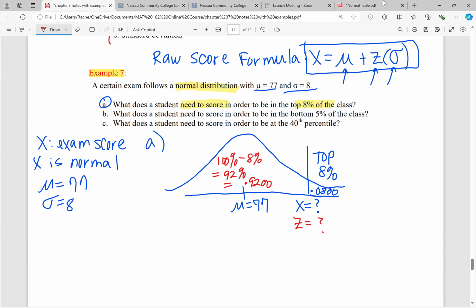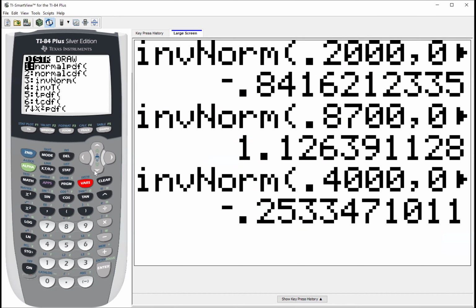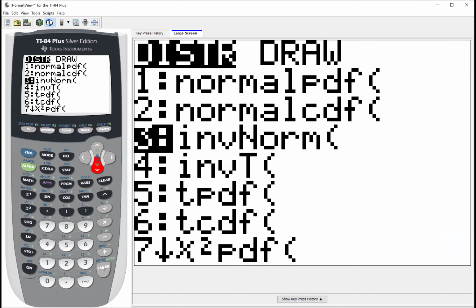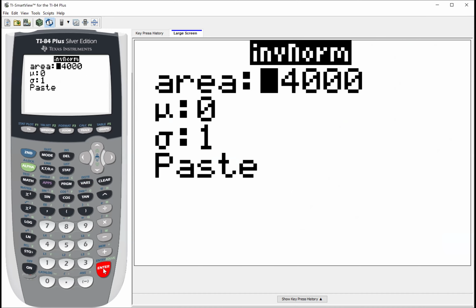And remember, the reason I'm getting the area to the left is because when we use the calculator for inverse norm, we have to give the calculator the area to the left. So what's this z-score that separates the top 8% from the bottom 92%? So we could do inverse norm. So I'm going to go to my calculator. I'm going to do second and the vars key. I'm going to pull up inverse norm. And my area to the left is 0.92.